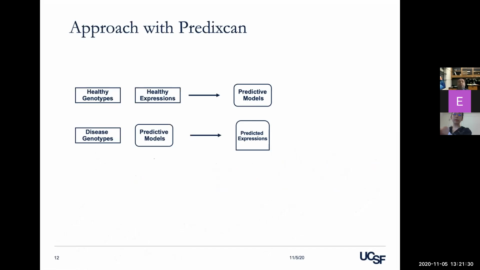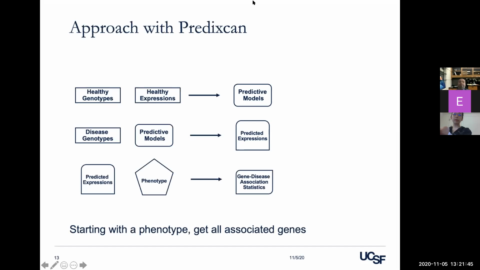Then we can take genotypes from a disease, or any trait of interest, and apply these predictive models. And then you get out the predicted expression of this gene. Finally, you end with a statistical association test, kind of like GWAS.